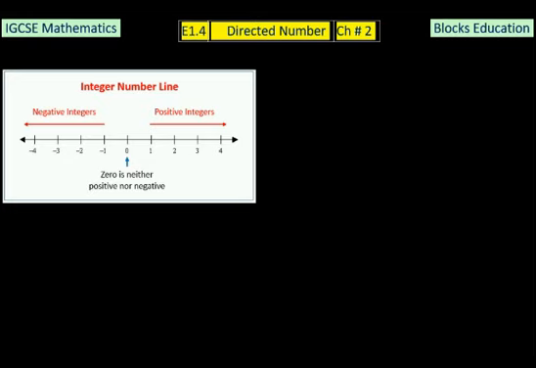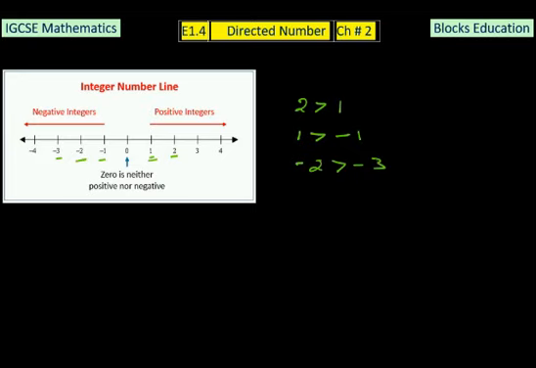On the number line, the right-hand number is greater than the left-hand number. It means that 2 is greater than 1. In the same way, 1 is on the right, minus 1 on the left, so 1 is greater than minus 1. In the same way, minus 2 is on the right, minus 3 on the left, so we can say minus 2 is greater than minus 3.